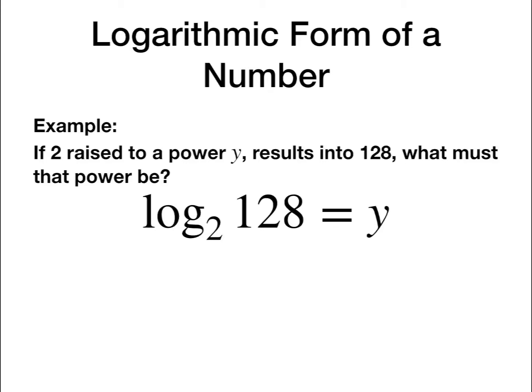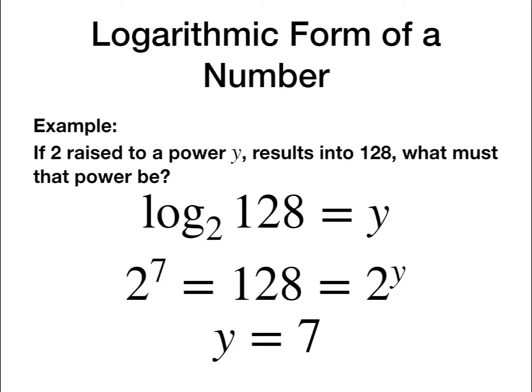If 2 is raised to a power y, it results in 128. What must that power be? Written in logarithmic form, it is there shown. Luckily, we do know that 2 to the 7th is 128, which is 2 to the y. So in this case, it is quite easy to determine that y must be 7.